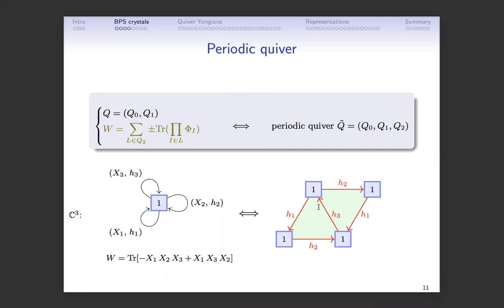For each loop, you have a term in your superpotential, and the sign is given by the orientation of the loop. So for example, in the C3 case, this is the quiver and superpotential. You see that the two terms correspond to the two faces in this fundamental domain here.